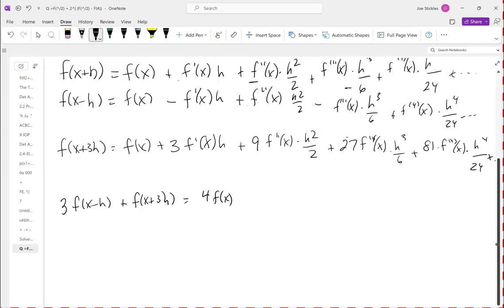That gives me 6. So I get 6 times f double prime of x times h squared. Here we have negative 3/6 plus 27/6. That gives you 24/6 or 6, right?